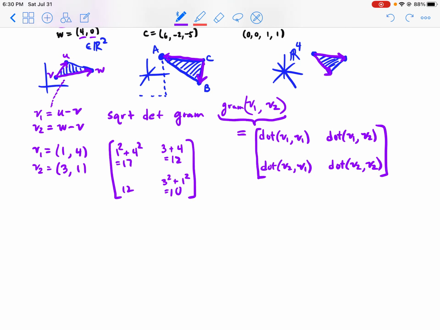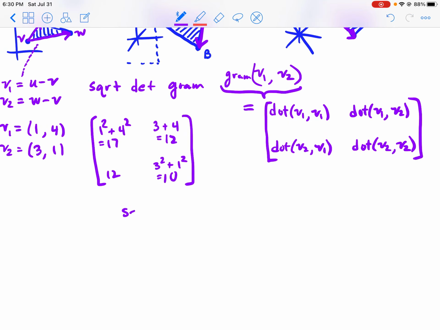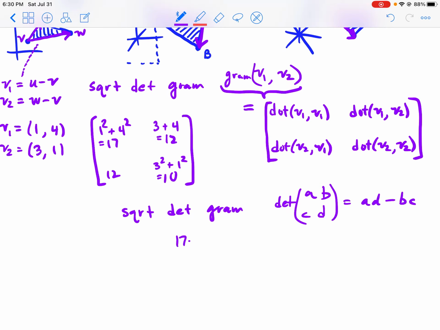And so what do we do? Remember our formula is the square root of the determinant of the Gram matrix. And so what's the determinant of this matrix? If we have a matrix A, B, C, D, its determinant is AD minus BC. And so the determinant here is 17 times 10 minus 12 times 12.